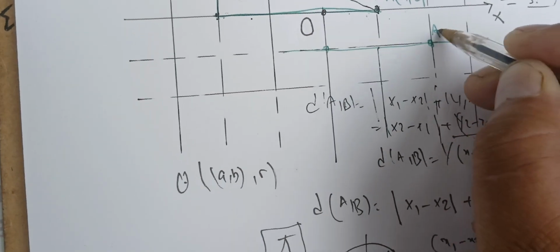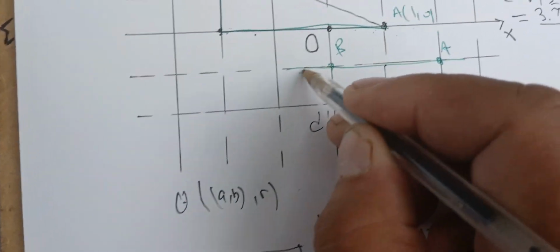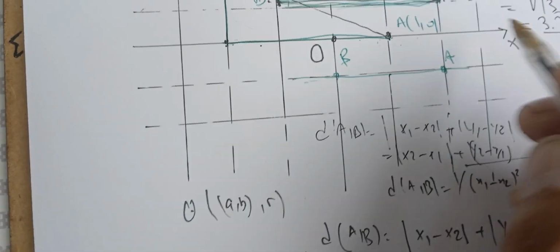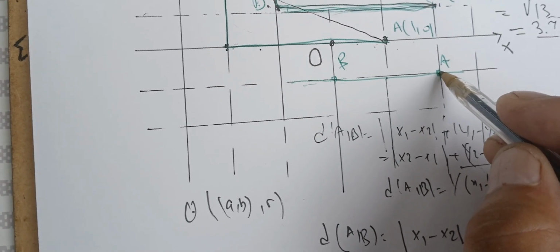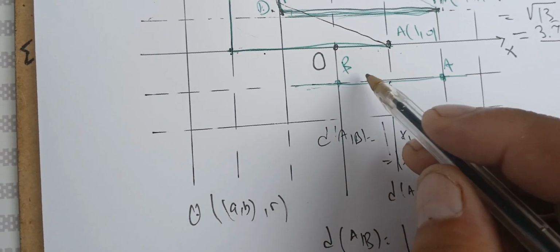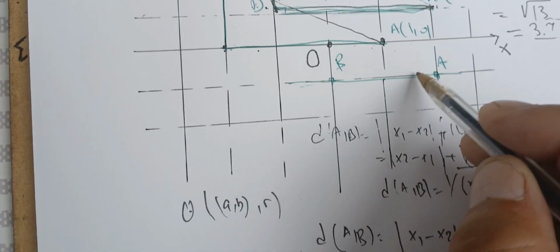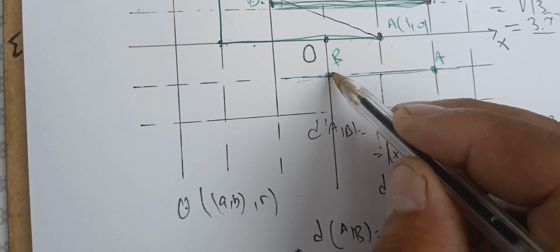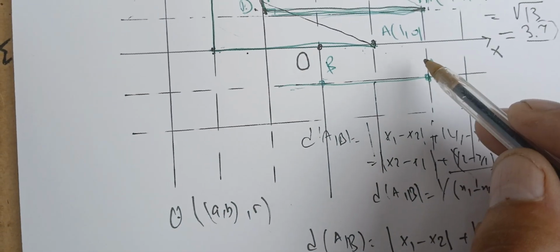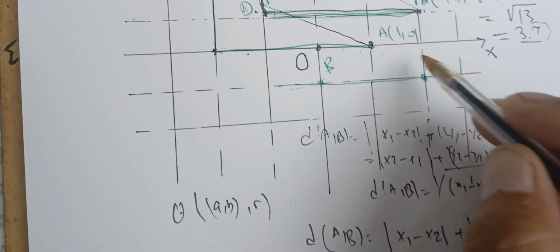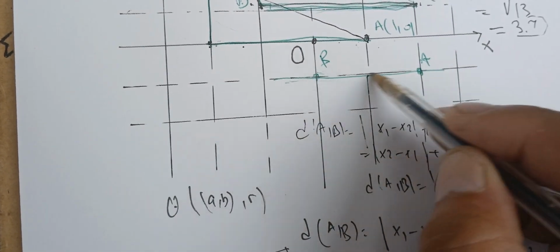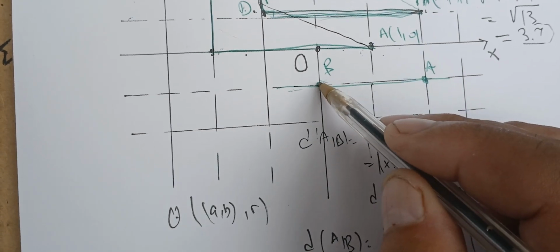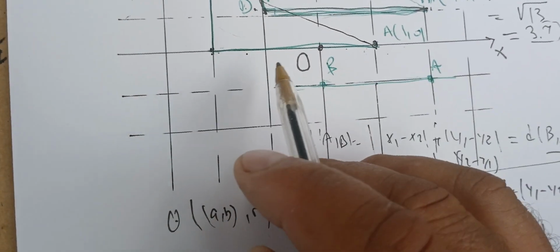Let's say this is my point A, this is my point B. These two are on the same line. So a person wants to go from A to B using the Taxicab geometry, and another one wants to go from point B to A. They will have to drive or pay for the same distance.